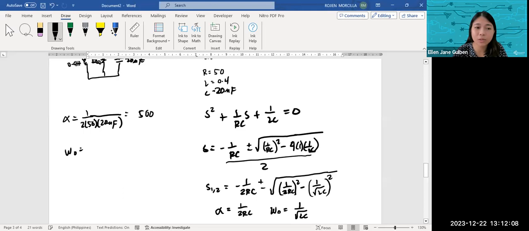Omega sub O is equal to 1 over square root of LC, that is equal to 1 over square root of 0.4 times 20 microfarad, which gives 300.